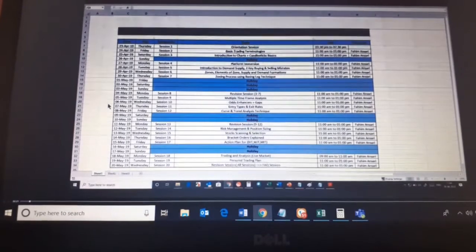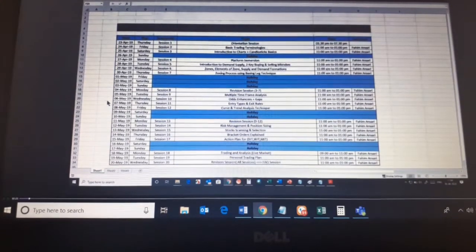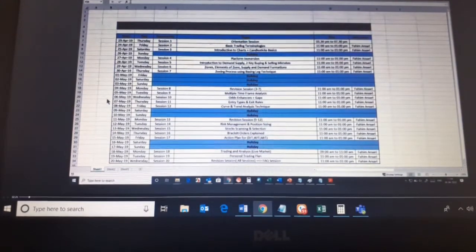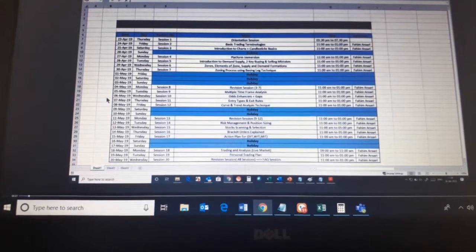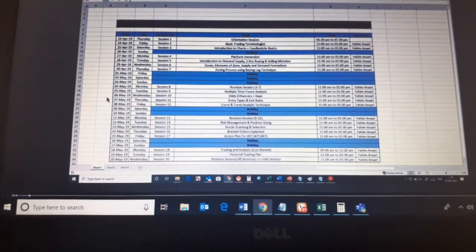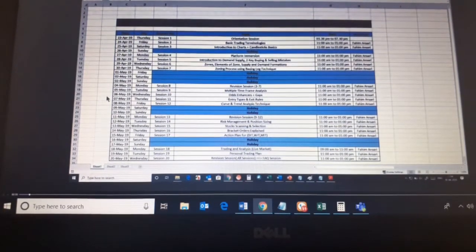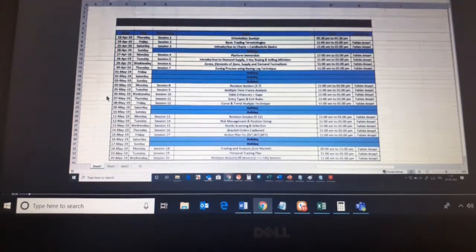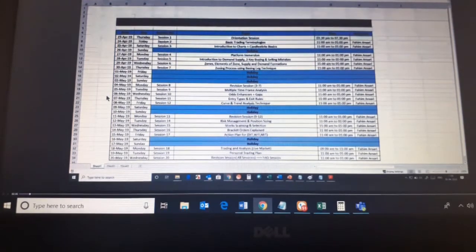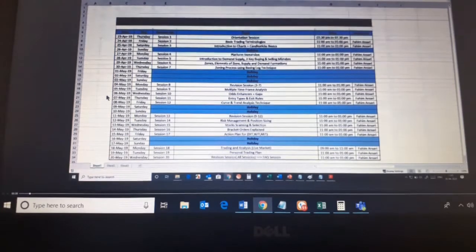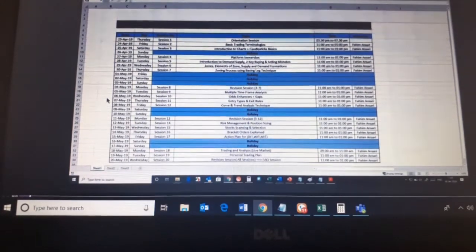So what are the two formations of demand? Rally base rally and drop base rally. Out of this, one is a continuation pattern and one is a reversal pattern. Which is your continuation pattern for demand zone?